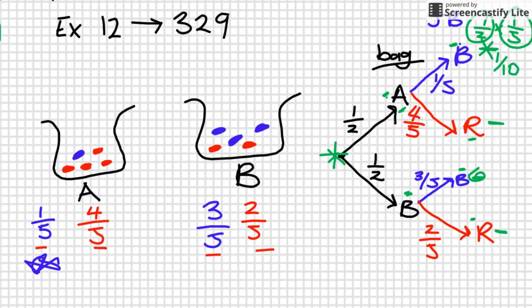Next, let's look at the probability of getting a red jelly bean. Well, first of all, there's a 1 in 2 chance of getting bag A, that's still the same, but this time there's a 4 in 5 chance of getting a red jelly bean. So we times these together because there's 2 events happening, and we go 1 times 4 is 4, 2 times 5 is 10.